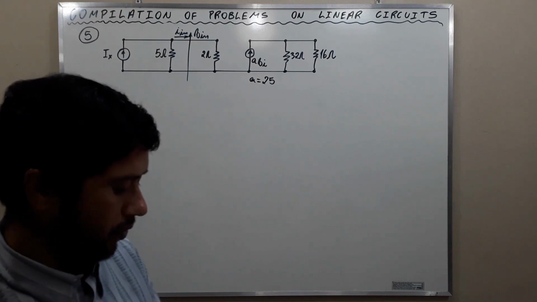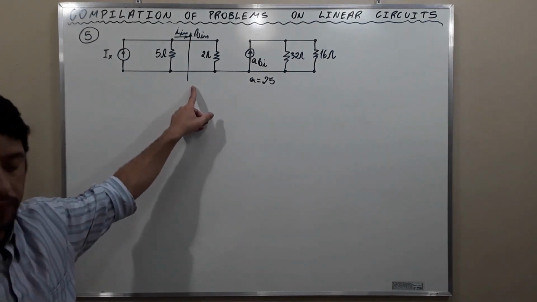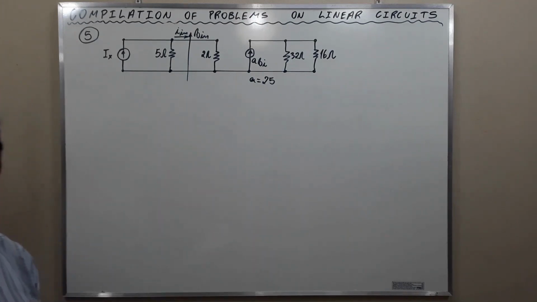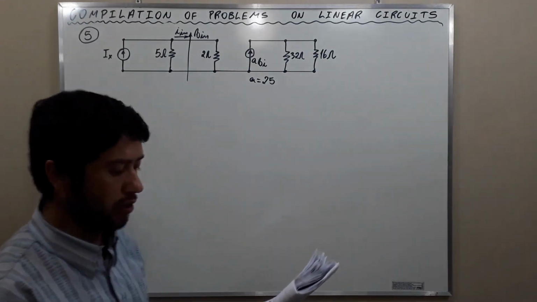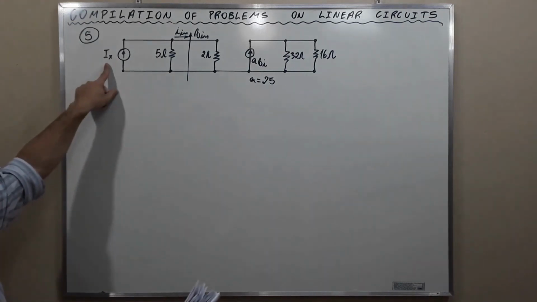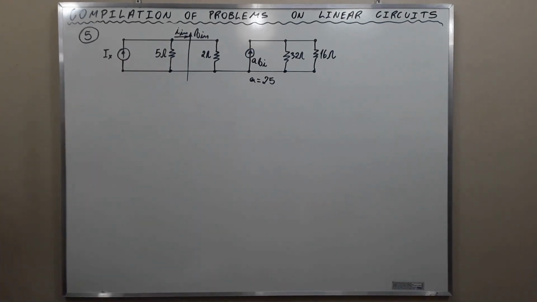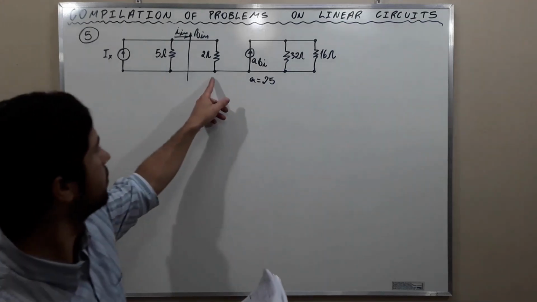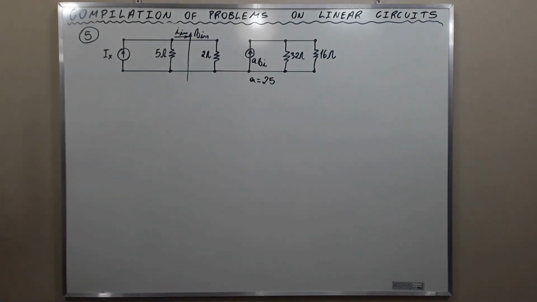Question 5. The figure shows the electrical model for an electronic megaphone, in which the 16 ohm resistance models a loudspeaker, the current source and the 5 ohm resistance represent a microphone, and the remaining elements model an amplifier.